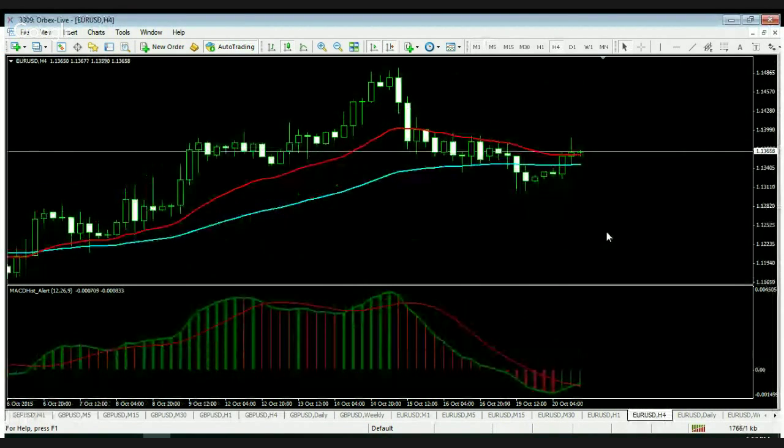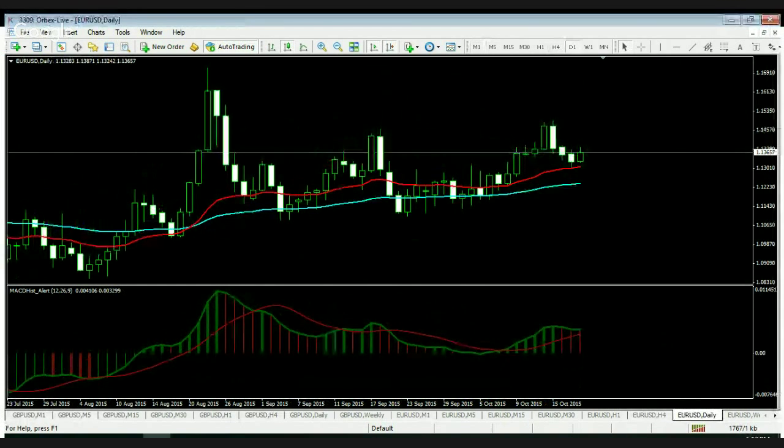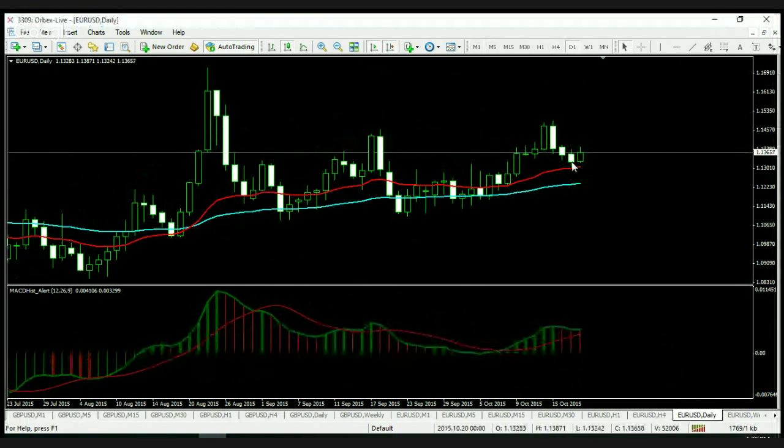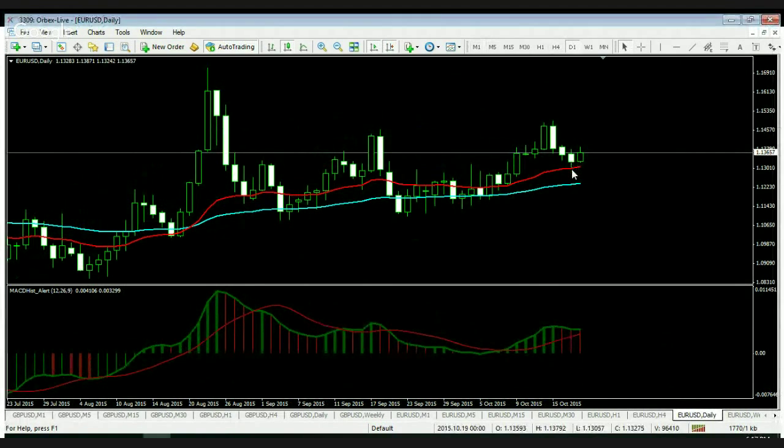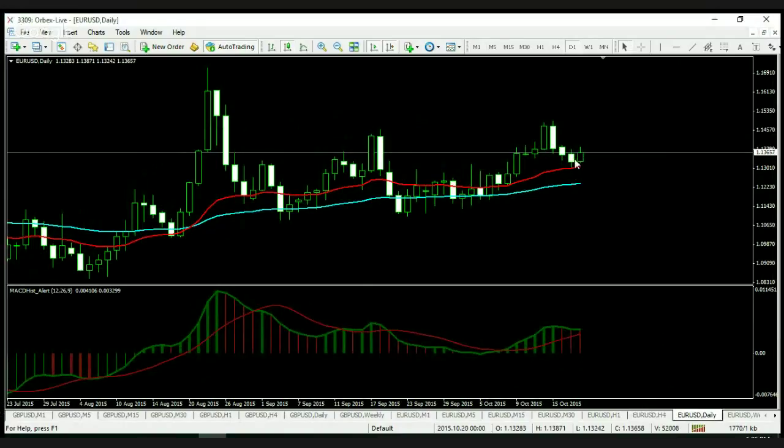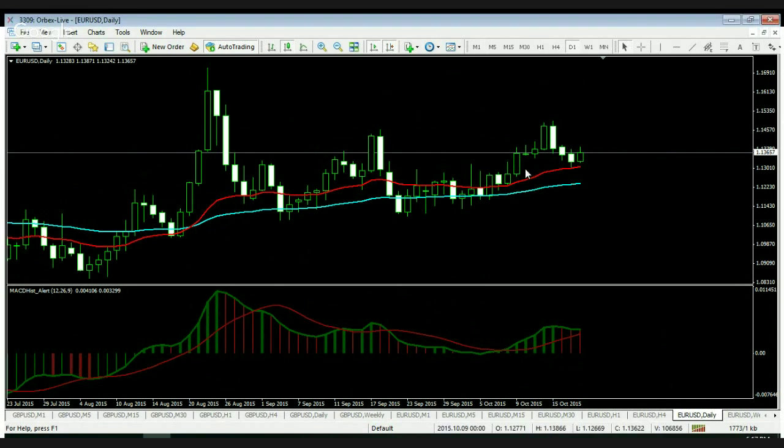So as I told you, euro dollar on the daily chart found support on the red line, and there's a bullish candle. So this means euro dollar is going to continue with the uptrend.